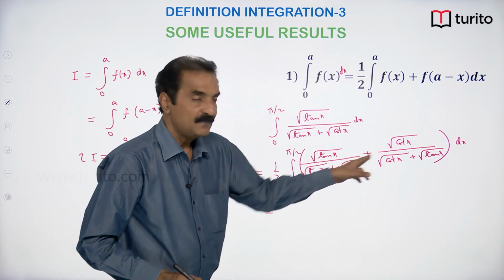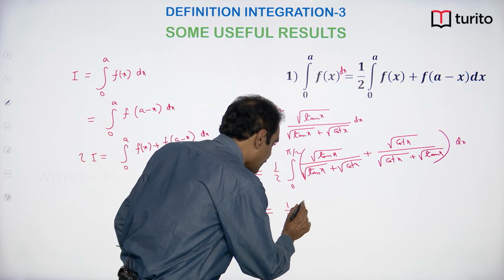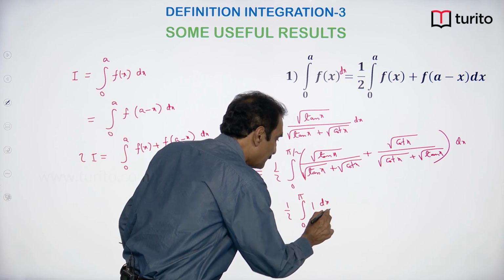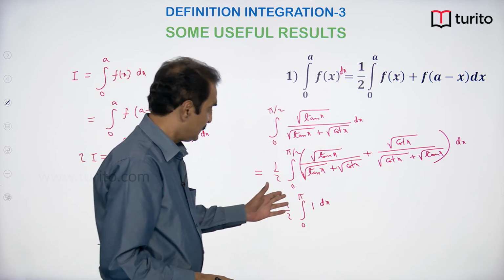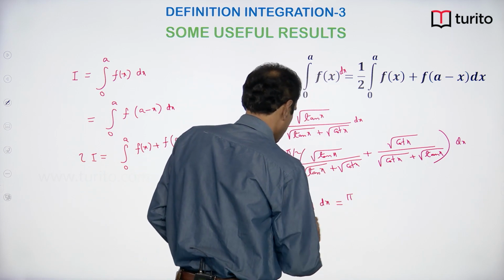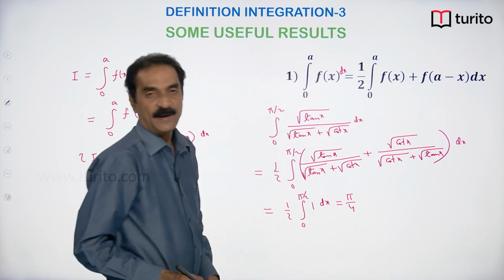What is the sum? Sum is 1. So, it is 1 by 2 integral 0 to pi by 2 of 1 dx. Now, calculating, this is pi by 2 now. So, finally, you will get the answer pi by 4.